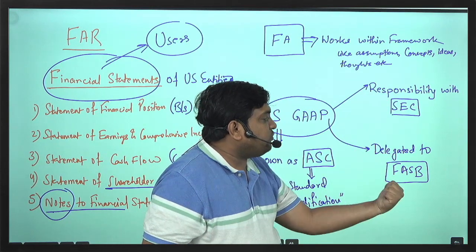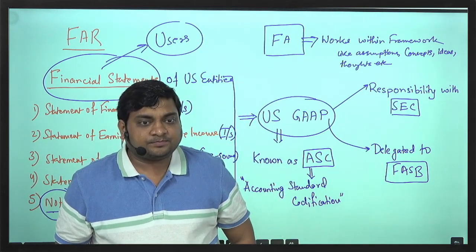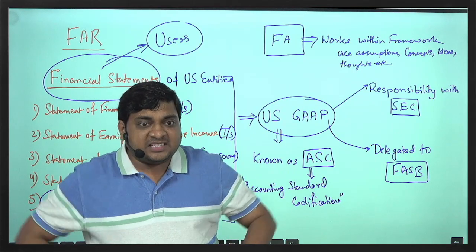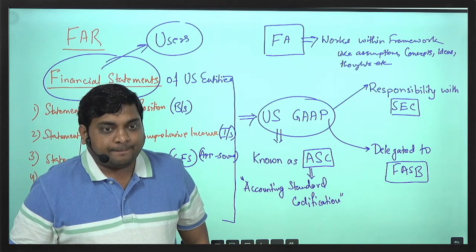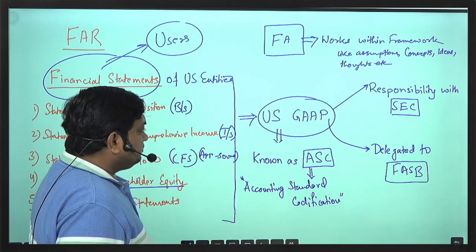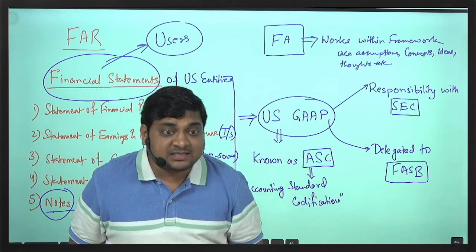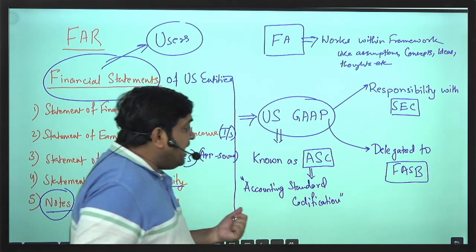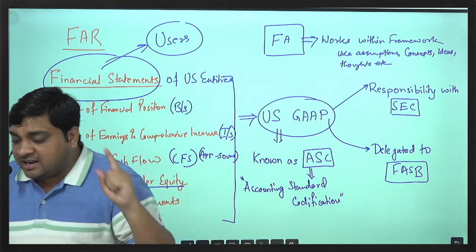SEC delegated to FASB, Financial Accounting Standard Board. It is now FASB who will issue US GAAP. Post 2009, these US GAAP pronouncements are reorganized and named as ASC, Accounting Standard Codification.